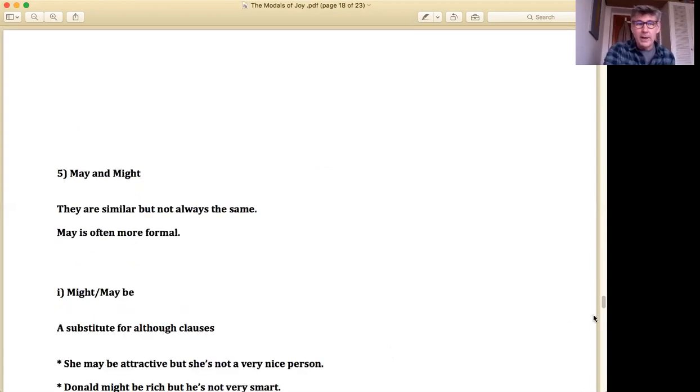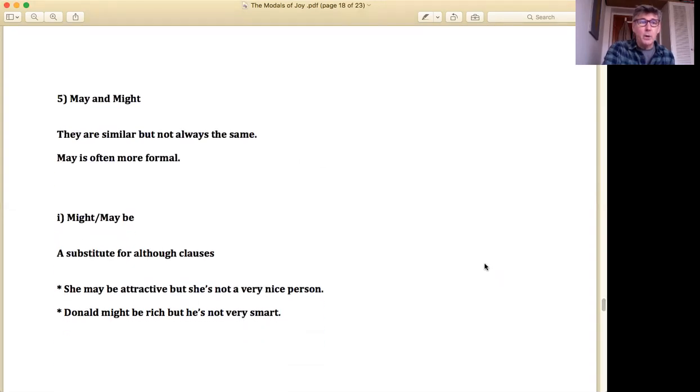And now we have may and might. They're similar, very similar, but not always the same. And in general, you can think of may as a little more formal. And we have might or maybe.